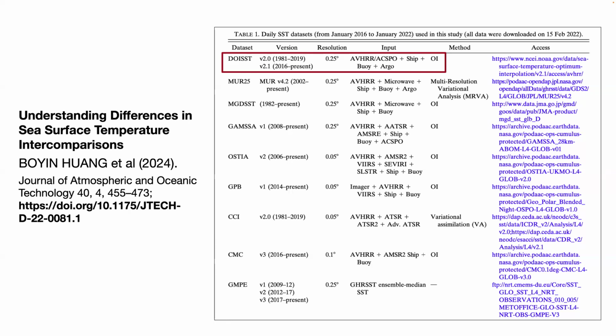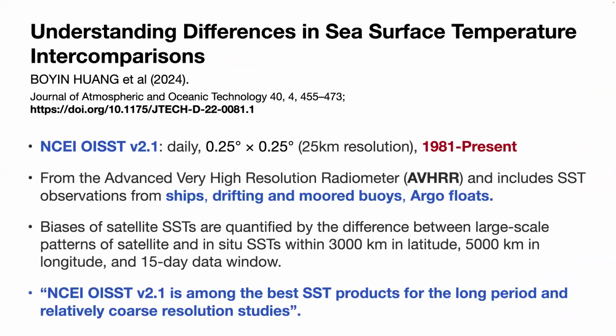This optimally interpolated OISST daily data is, well, you'll see the little quote at the bottom, though it's blocked a little bit, from the National Centers for Environmental Information, a NOAA site: the OISST V2.1 is among the best SST products for long-term periods of relatively coarse resolution. It's 25-kilometer resolution, so it's good for the Northeast Pacific and such, good for many cases, but maybe not really fine scale.